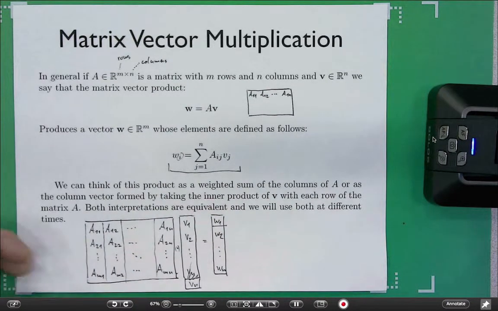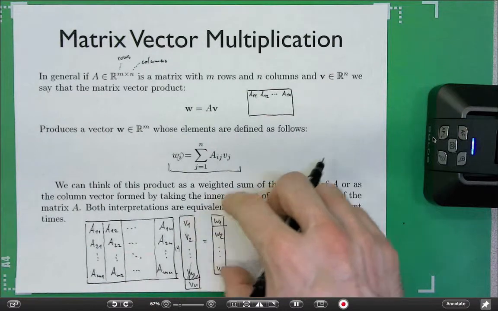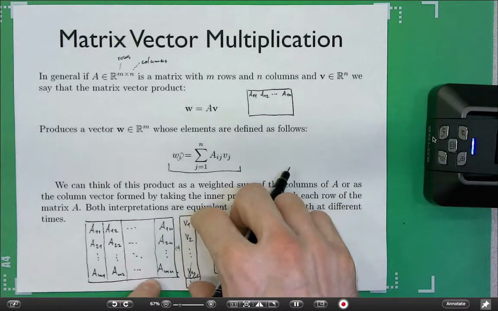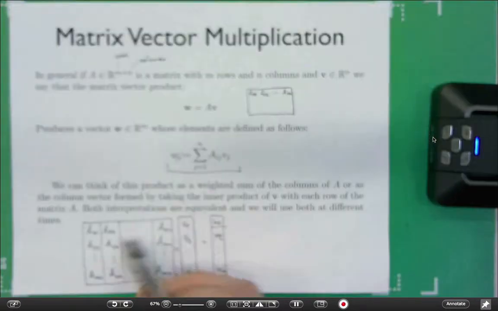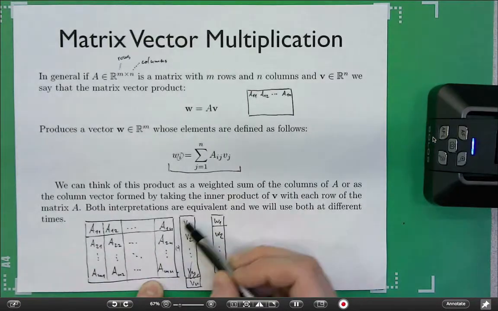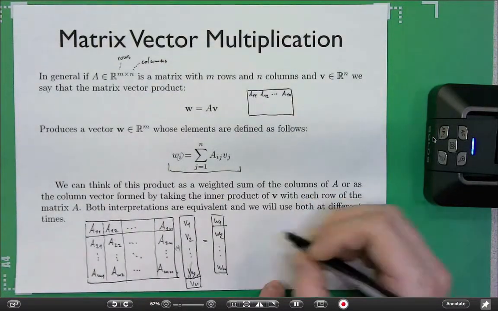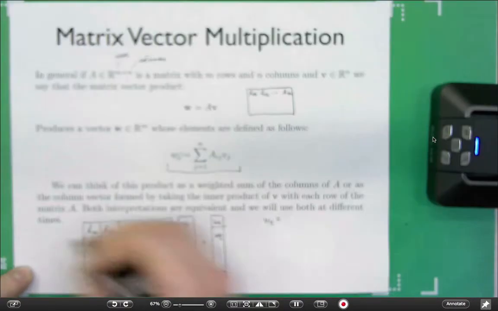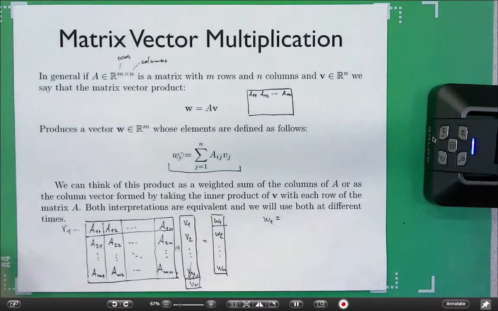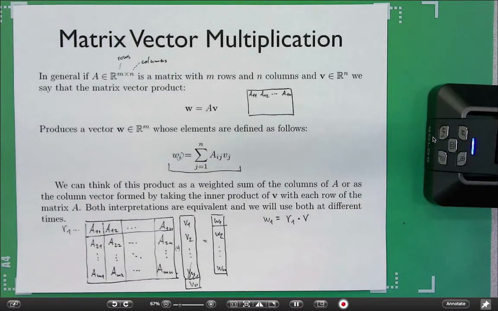So the way you can look at it graphically, and I sort of like this, is that you take this row, turn it here, and put it there, and essentially do a dot product of this row vector with this column vector. So I could also say that if my first row was R1, then w1 is R1 dot v.